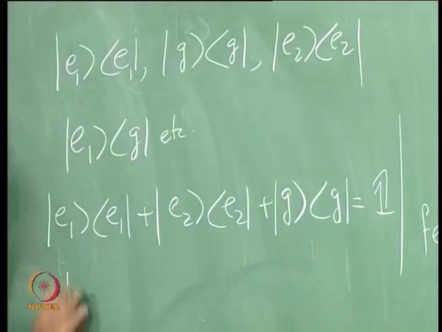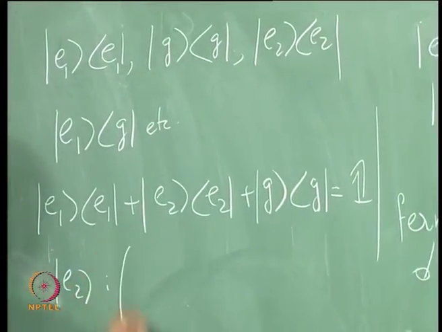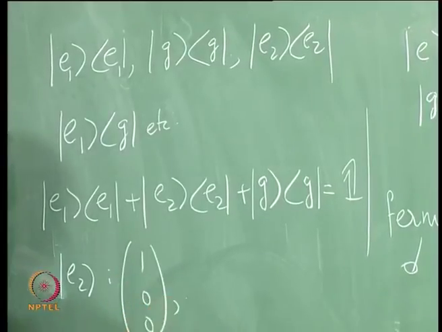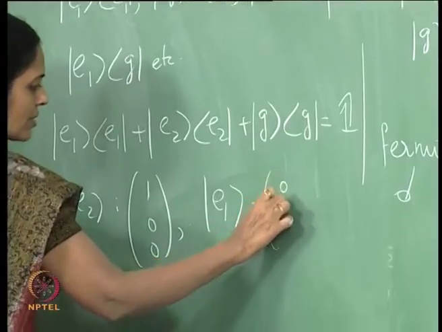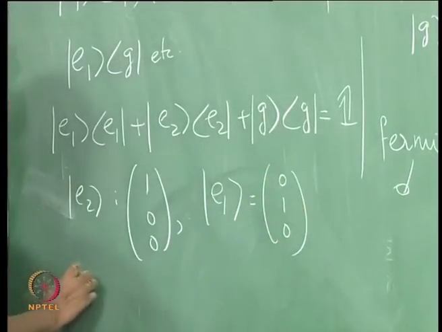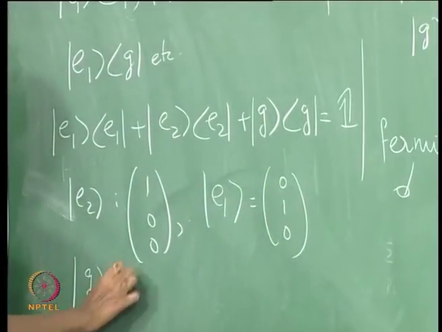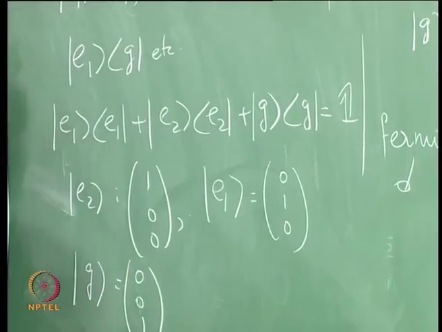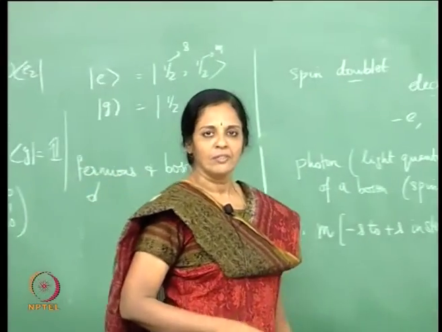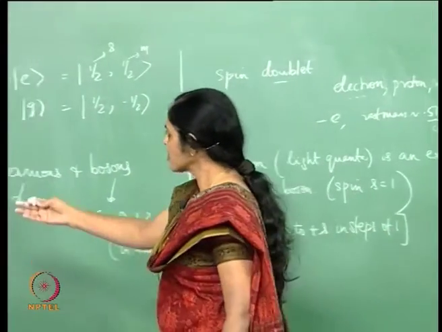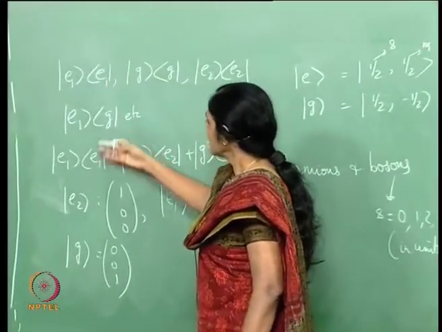I could choose for E2 the column vector 1, 0, 0, for E1 the column vector 0, 1, 0, and for G the column vector 0, 0, 1. This is a possible representation for the basis vectors, and in terms of these I can write out various operators for this system.